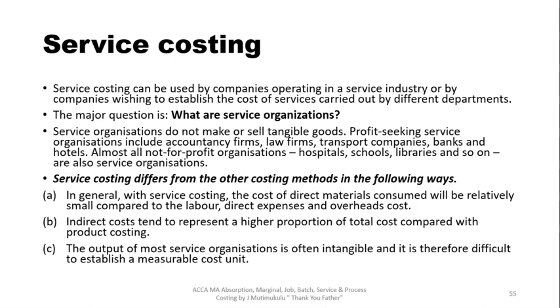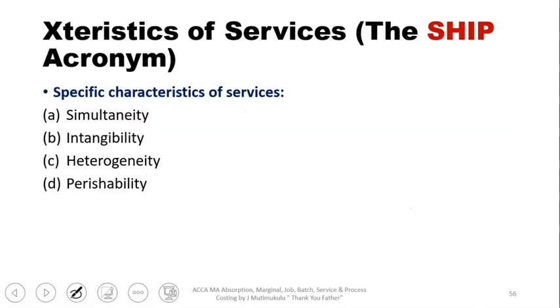Because we're not dealing in tangible commodities, the cost of our direct materials or tangible input is going to be very low. Indirect costs tend to represent a higher portion of total cost compared with product costing. The output of most such organizations is often intangible, and it is therefore difficult to establish a measurable cost unit.